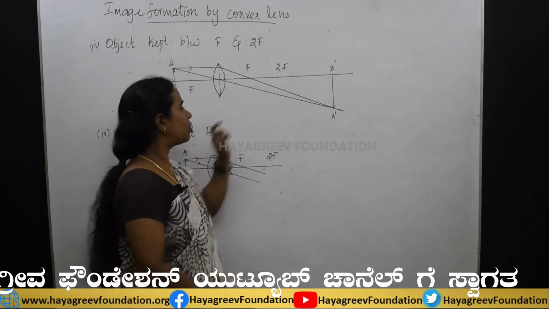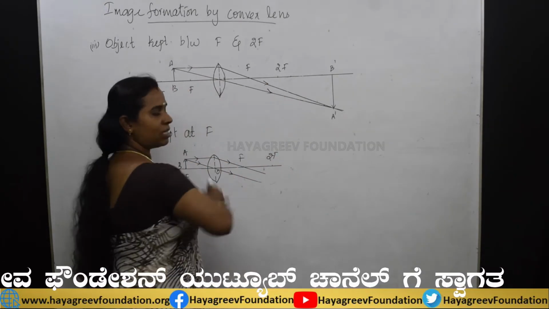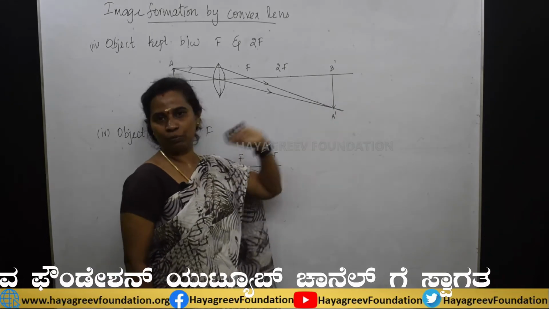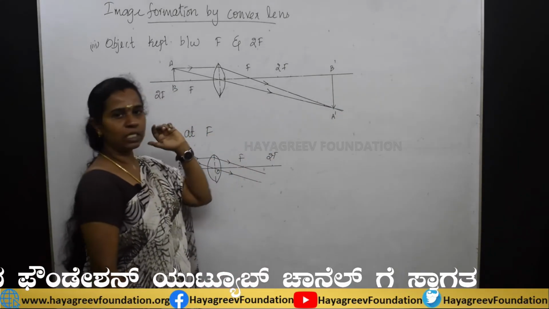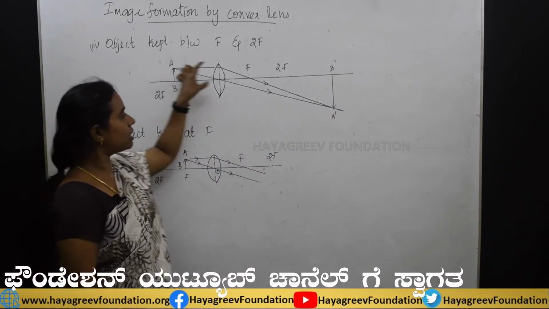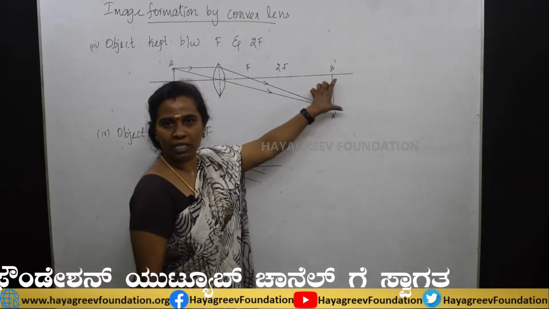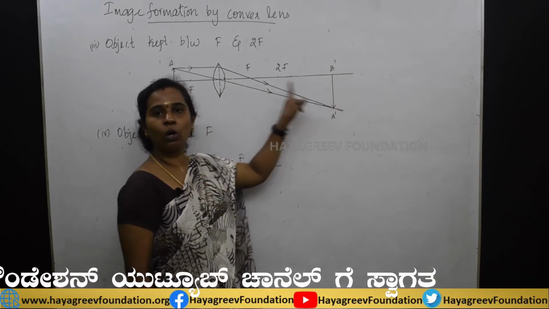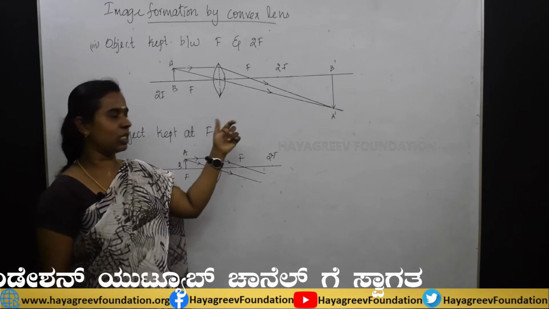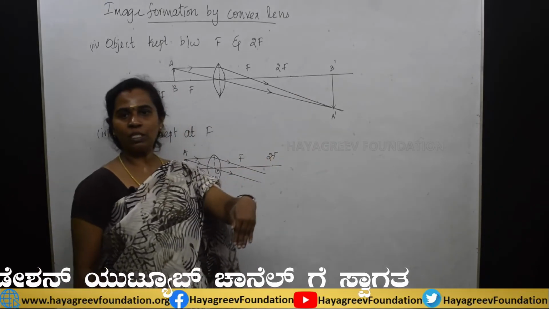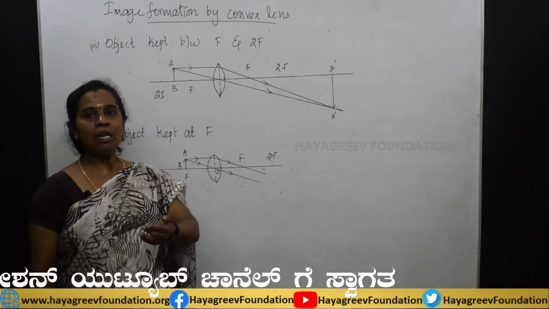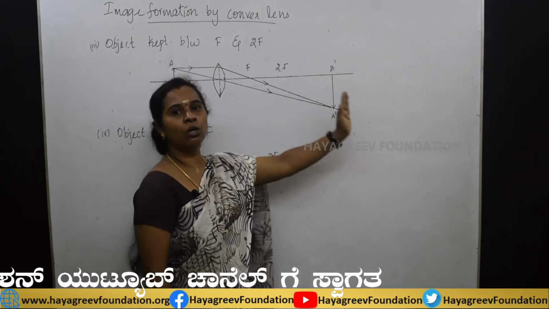Where the 2 refracted rays meet, there the image will form. In this case, comparing the size of the object and the size of the image, the size of the image is larger than the size of the object. So an inverted, real and enlarged image forms beyond 2f.